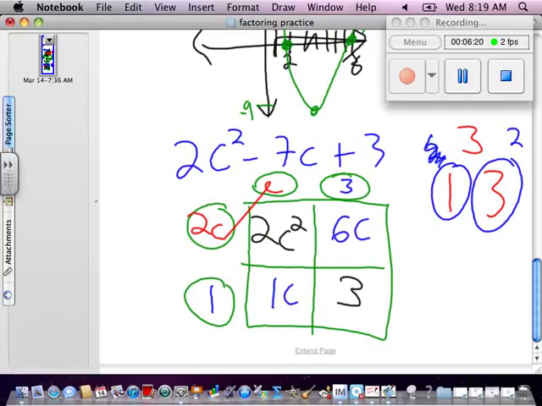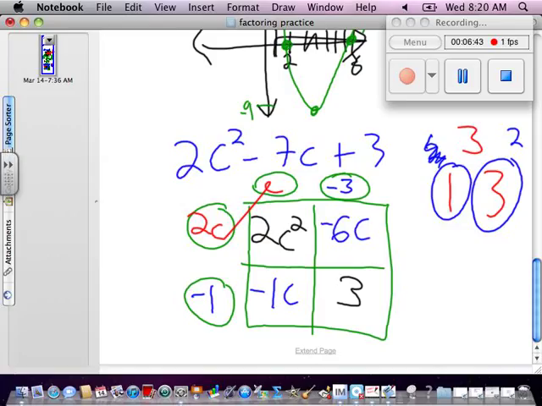Here's my other question. I want negative 7. So what are both of those things going to have to be? Negative. Let's check. So we get negative 6, negative 1. Negative 6 plus negative 1 is negative 7. Negative 3 times negative 1 gives me a positive 3.